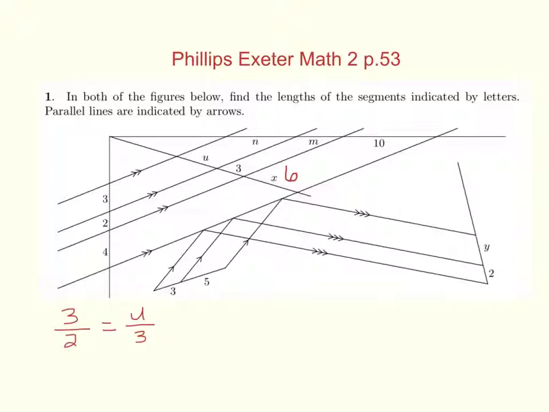If you go 3 over 2, make sure that you jump up to the top line again, across from that 3. So u is across from 3, u is across from 3. You should get u equals 4.5 through cross multiply and divide. 3 times 3 is 9, divided by 2, 4.5. So we can write that in there.